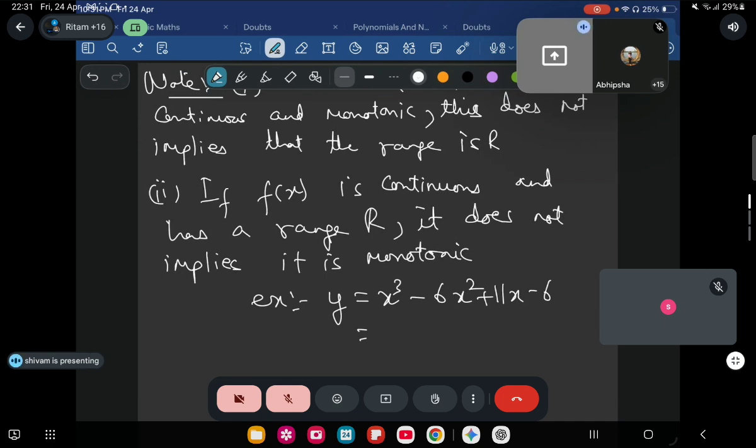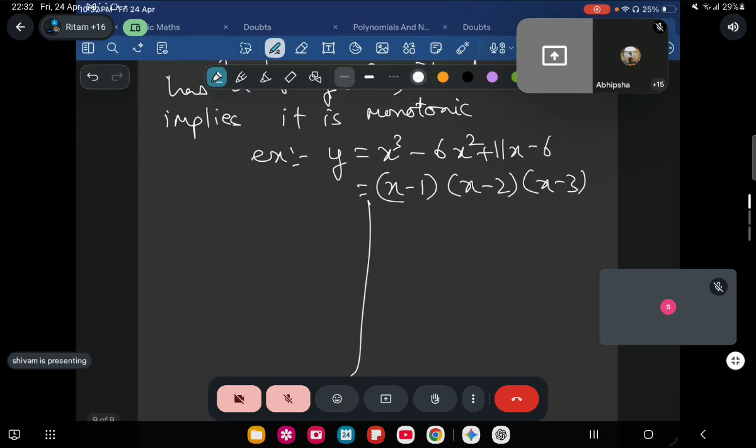It's a very famous cubic. When you factorize it, you are going to get x minus 1 into x minus 2 into x minus 3.